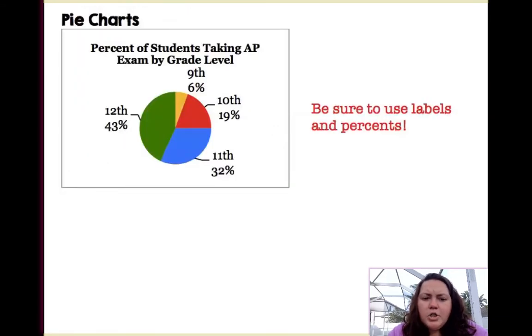A pie chart is going to be used if you're dealing with percentages. And you want to always make sure that you have labels and percents. You're often going to have to make a key or use different colors, but it's very important, even on the AP test, if you do draw a picture, any graph later on when we learn different topics, and you're still drawing pictures to explain your ideas, you want to make sure you always label all the pieces.